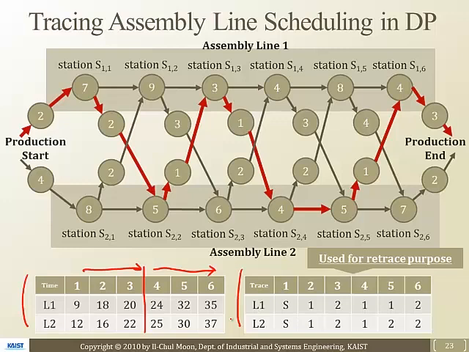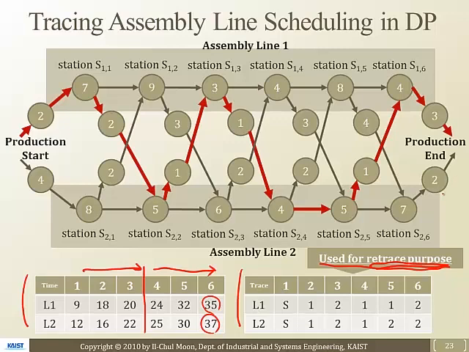And then what you can do is, all right, so how to do this? We are going to use this for the retrace purpose, right? For the retrace purpose. So up to the station 1, 6, station 2, 6, we have 35, and we have 37.